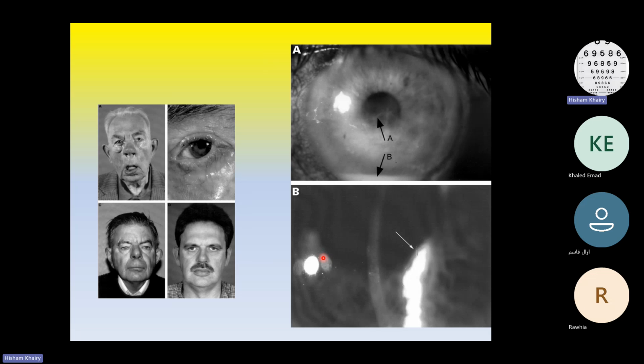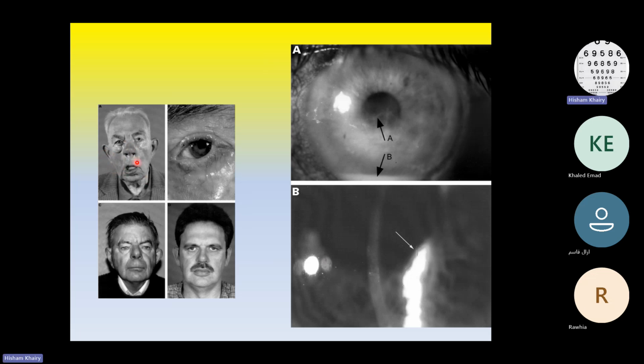So clinically, here are the corneal findings of this lattice, and here is the systemic cranial neuropathy, mask face, maybe ears have this configuration.